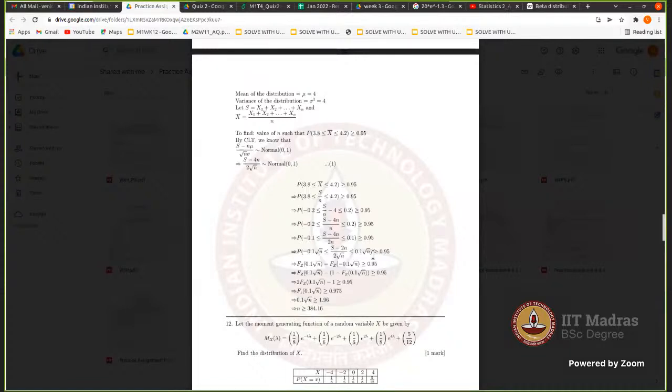Multiply with root n. So multiply root n to the minus 0.1, you will get minus 0.1 root n. Now n can be written as root n times root n, right? One root n and another root n will get cancelled, and you will remain with one root n.